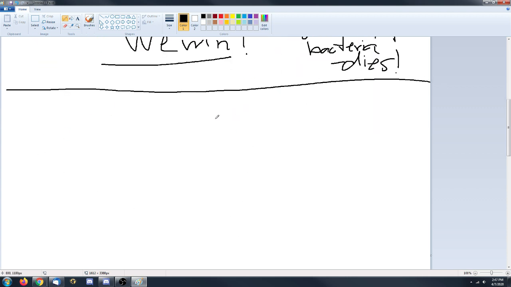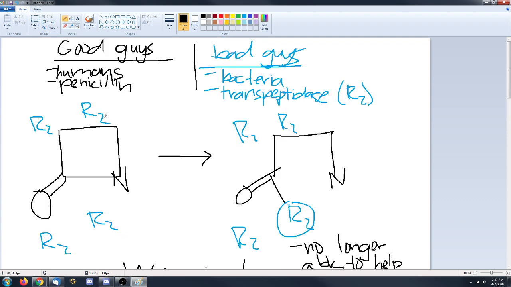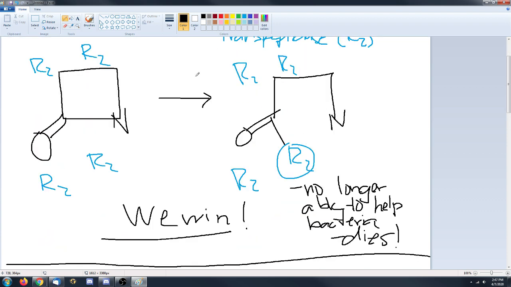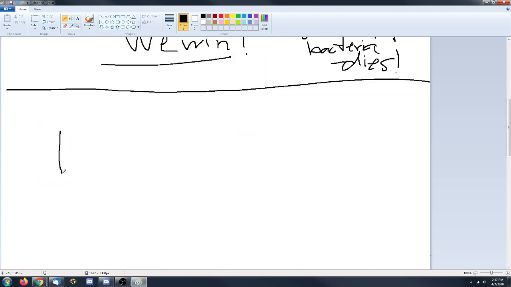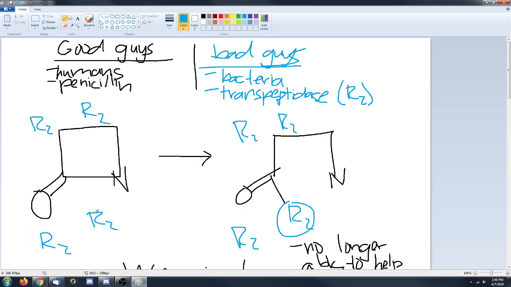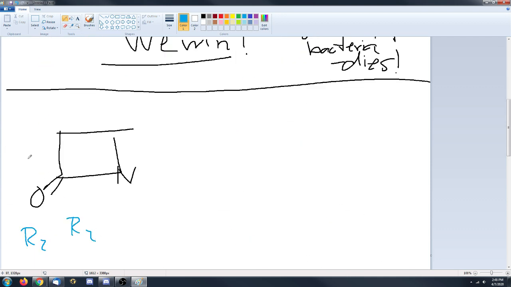Here's the next scenario. Now our bad guys evolve. So here's another scenario. Beta lactam. The bacteria are smart. They evolve. They still have their R2.